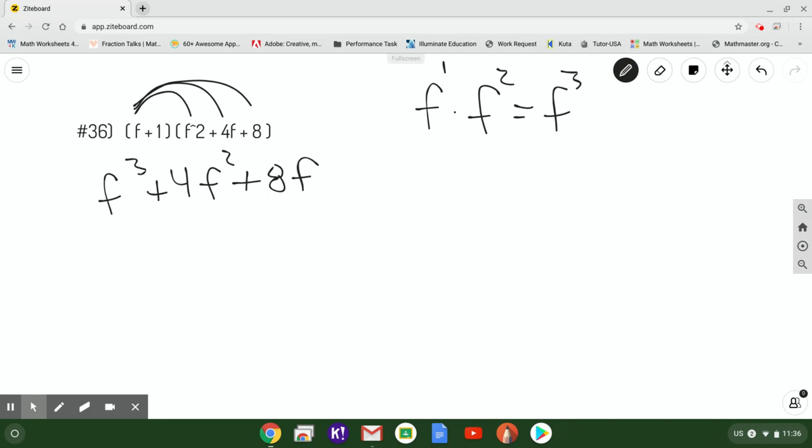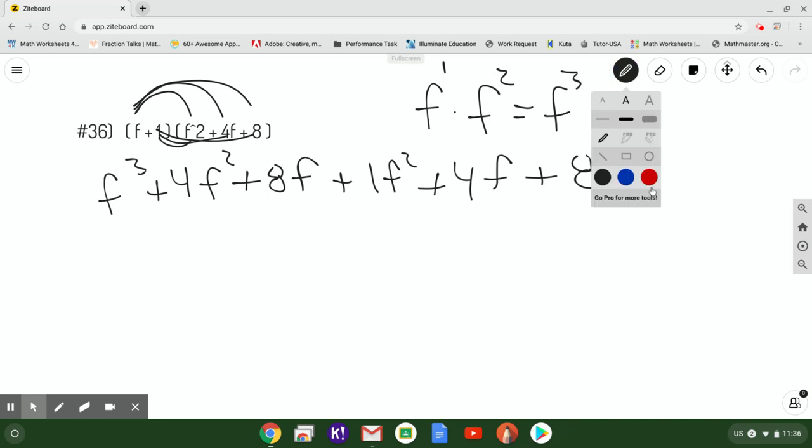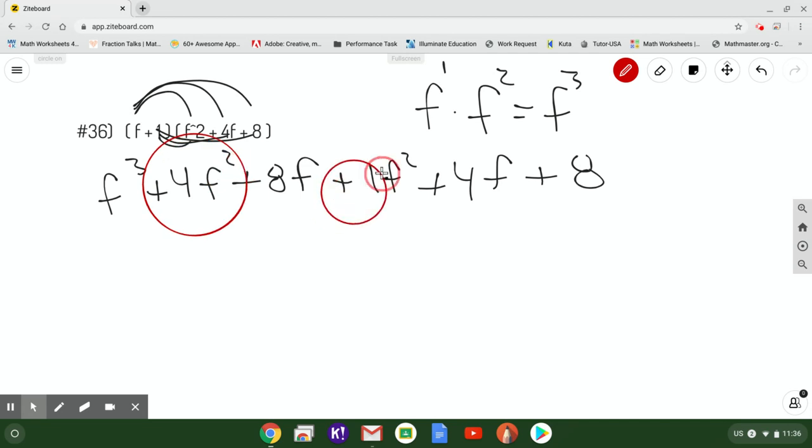And then now you move on to the 1. 1 times F squared is 1F squared. That's going to be 4F. And then the last one's 8. And then you combine like terms. So I have this F squared right here, and I have this other F squared.